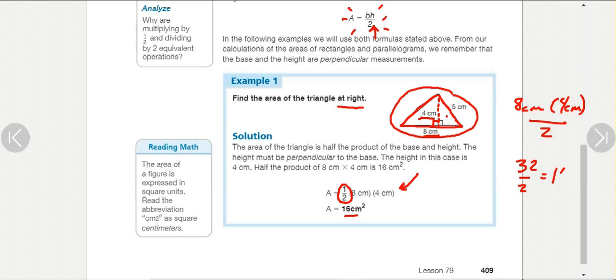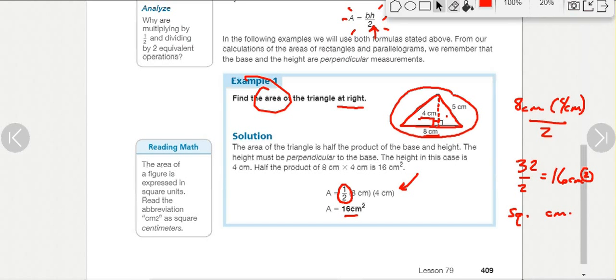Whichever way you like thinking of it, you end up with 16 centimeters, but we're looking for area, so it's square centimeters. Instead of writing square centimeters, you can just show squared with a small exponent-looking 2 right there. Good? You can always rewind or replay this later.